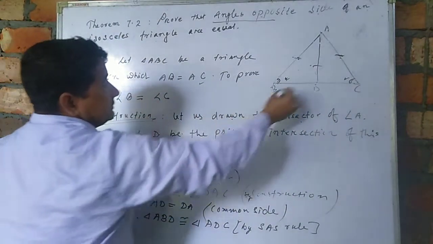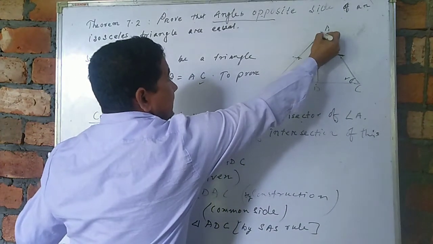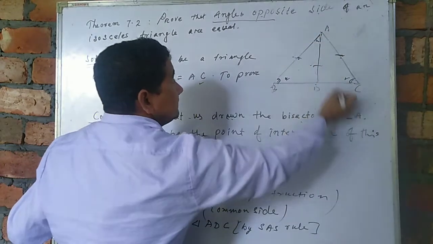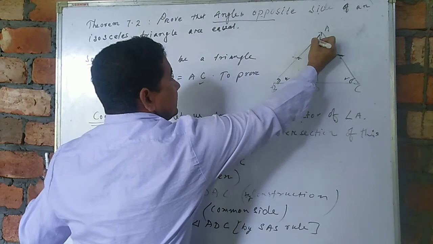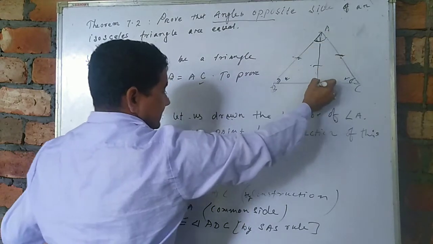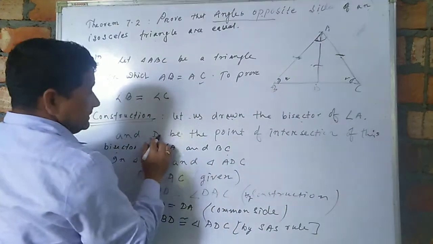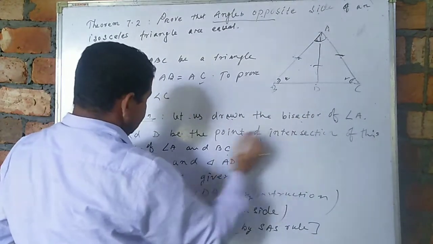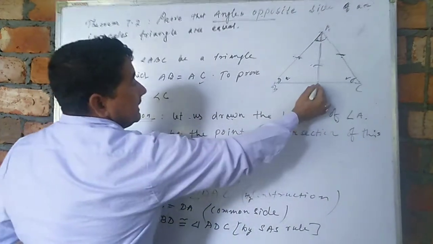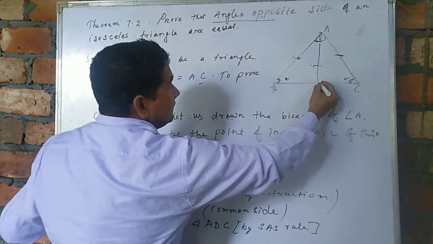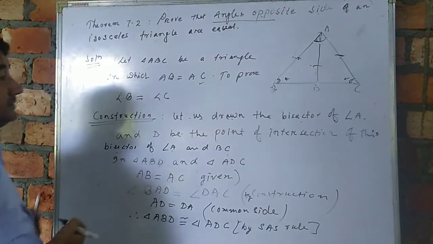By construction, let us draw AD, the bisector of angle A. D is the point of intersection of this bisector and BC.